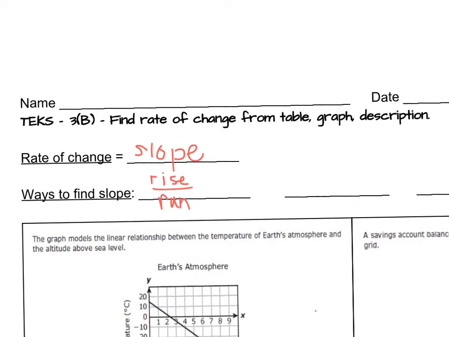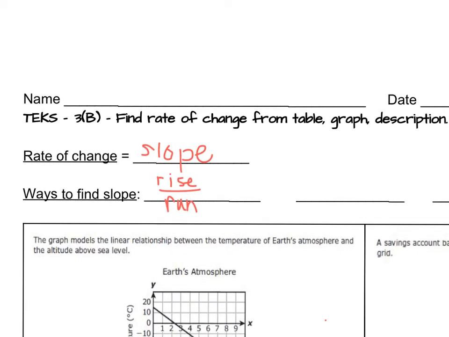The next way we can find slope is on your star chart. So this is not a formula you need to memorize, but you do need to know how to use it. It says m equals y2 minus y1 all over x2 minus x1.